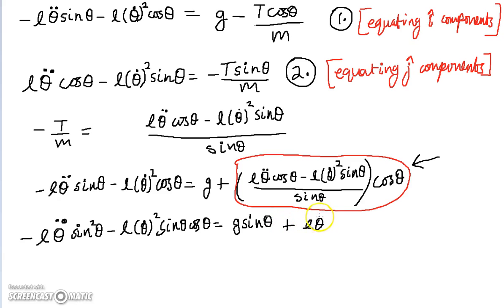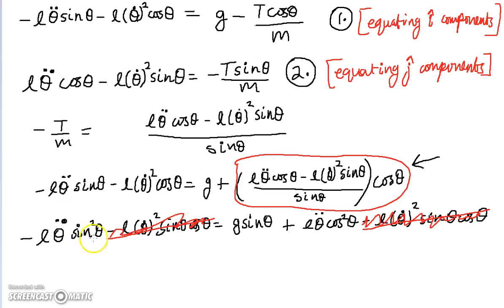We get L theta double dot cosine squared theta minus L theta dot squared sine theta cosine theta. Now, we have a negative L theta dot squared sine theta cosine theta common on both sides of the equation, so we can cancel them, and we're left with an equation that looks a lot nicer.